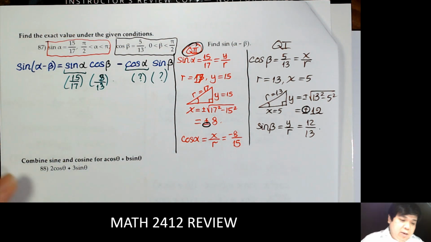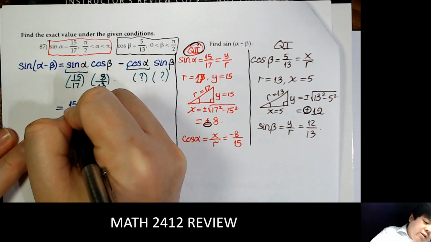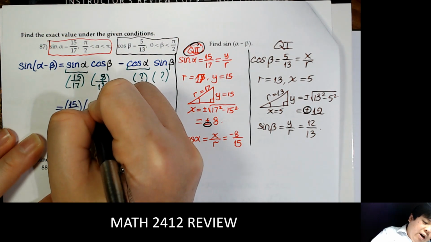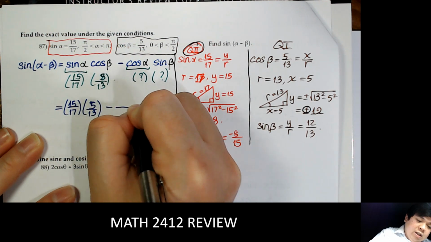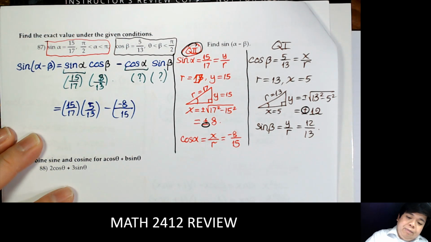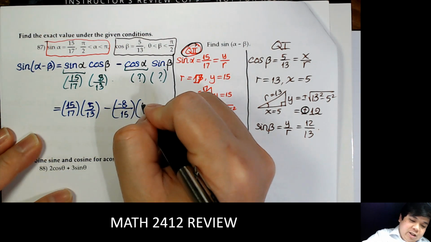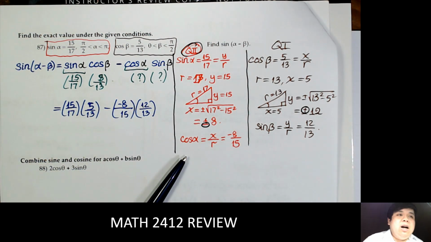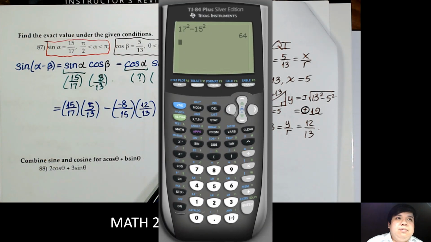Right, so put everything back into the original problem. 15 over 17, 5 over 13, minus cosine alpha, negative 8 over 17, and then sine beta is 12 over 13. Right, so let's just use a calculator here. 15 divided by 17, 5 divided by 13, minus negative 8 over 17 times 12 over 13.